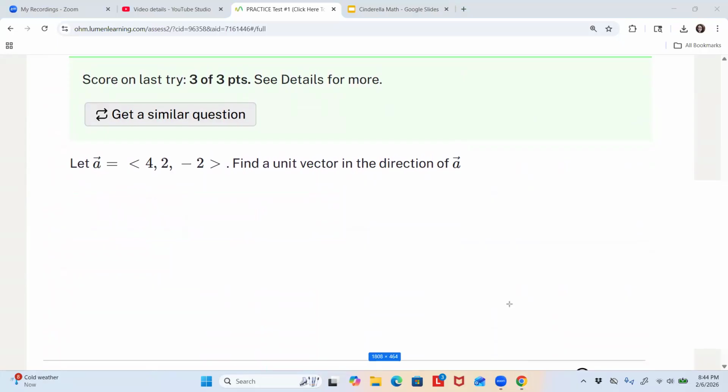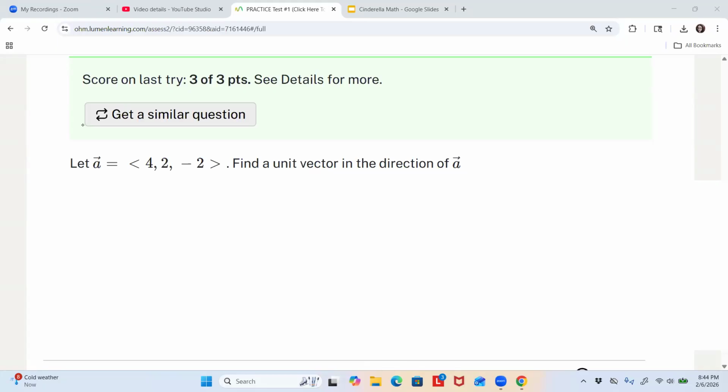All right, we are given a vector A, and we're just going to find the unit vector in that same direction. So we do have a formula here. And again, I'm not actually explaining the nitty-gritty of what we're doing. I'm just doing the mathematics. There are other videos that are better than me at explaining this very high-level calculus concepts.